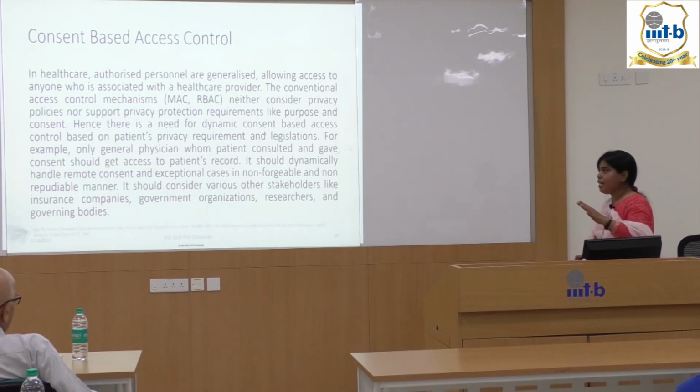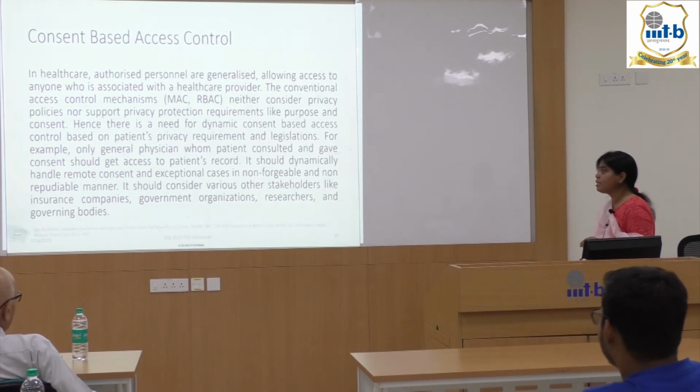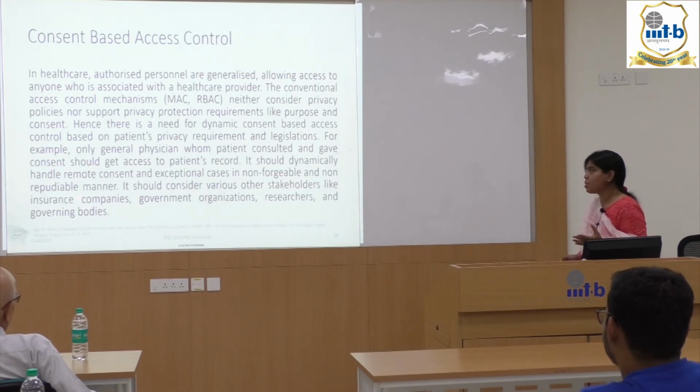Now mostly, access control in healthcare considers patients, physicians, and nurses, but there is a need in this ecosystem to consider other stakeholders as well, like insurance companies, researchers, and government bodies.